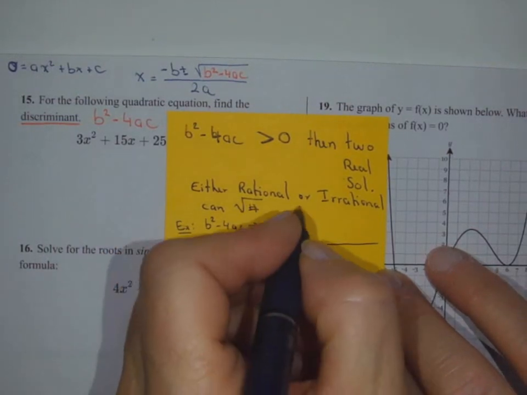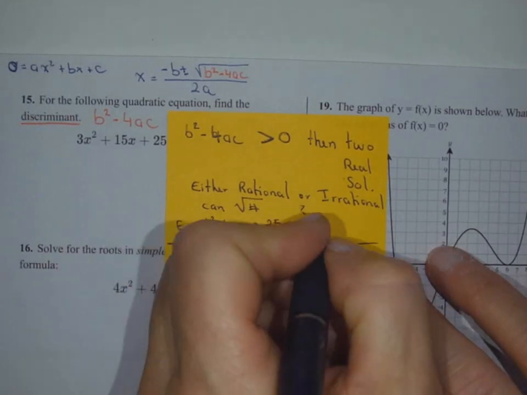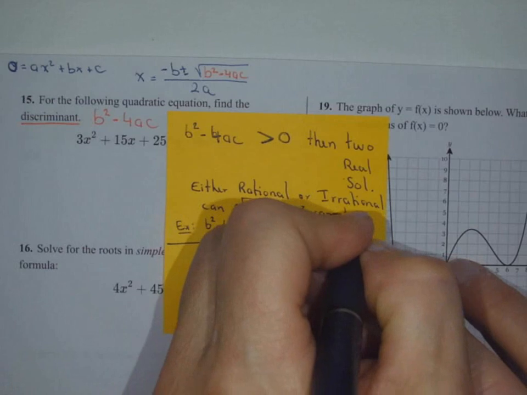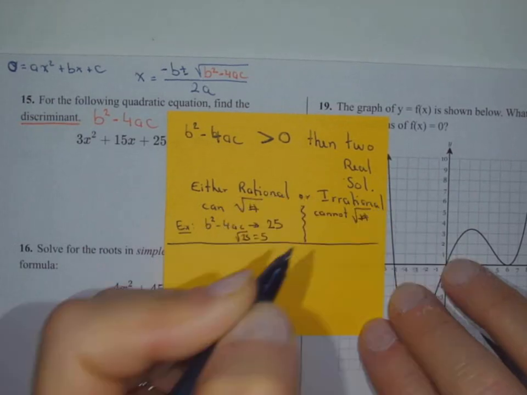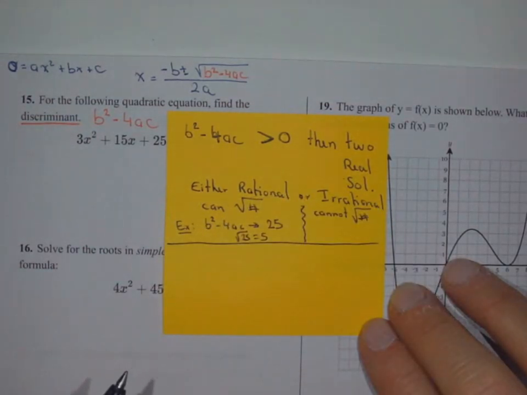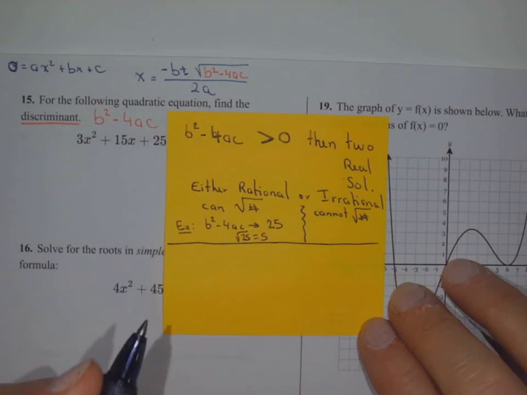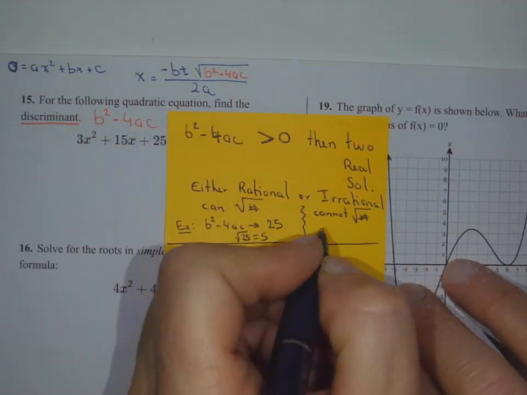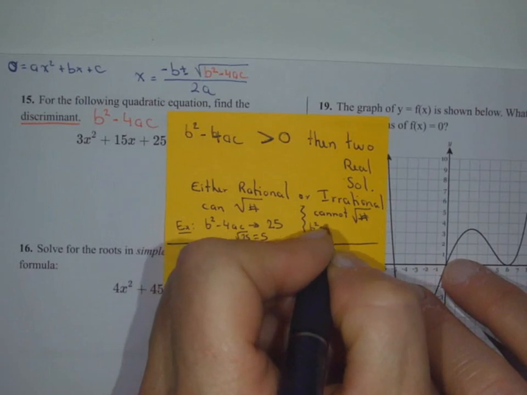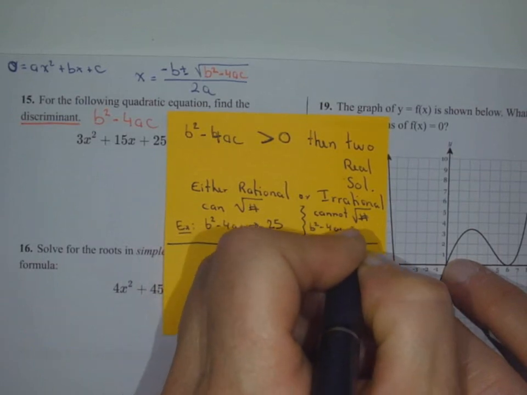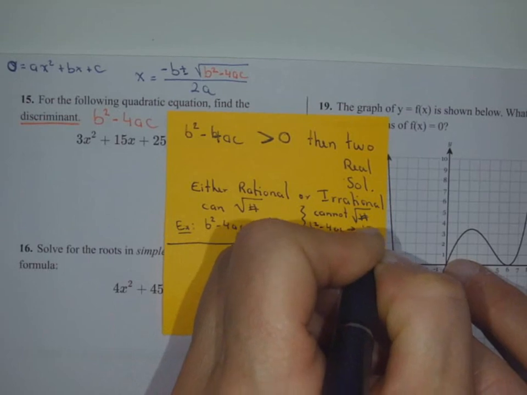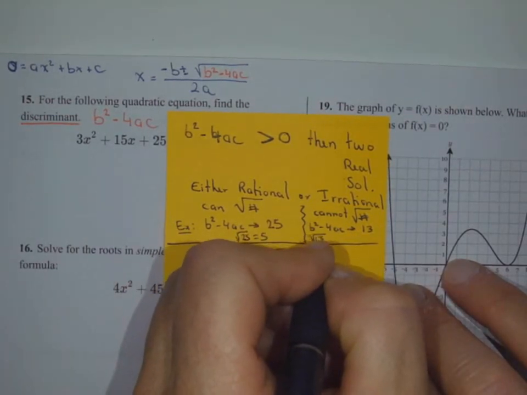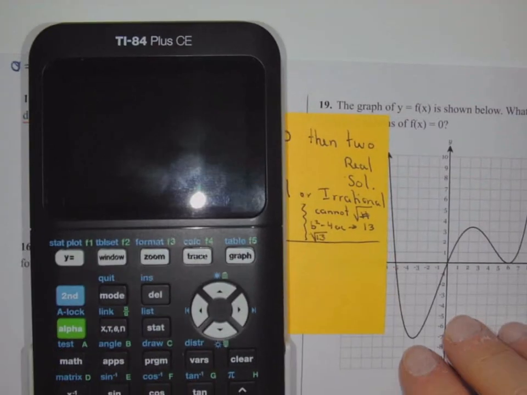As opposed to when you cannot simplify nicely with the square root. You would end up with an irrational number, meaning a decimal that never ends and never repeats. For example, if my b squared minus 4ac gives me 13, well, look at the square root of 13 in your calculator.